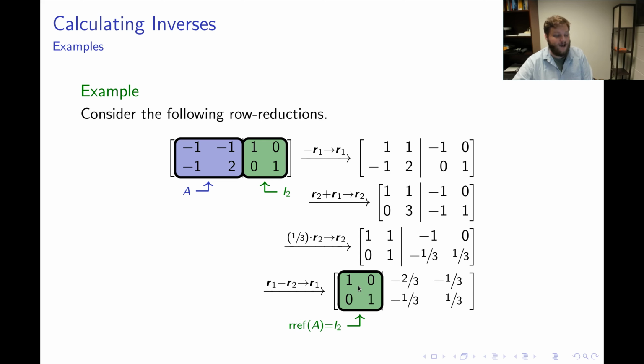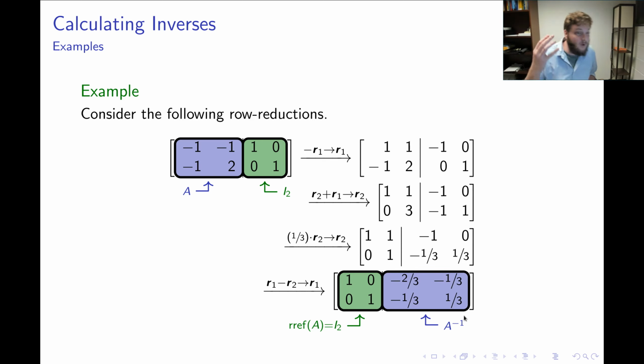What that's telling me is that this matrix A was invertible because its reduced row echelon form is the identity matrix, and its inverse is now sitting here on the right. So we've now successfully found the inverse of A. Of course, if you were skeptical, you could verify that this is the correct inverse by taking this matrix and multiplying by A and verifying whether or not this produces the identity matrix.